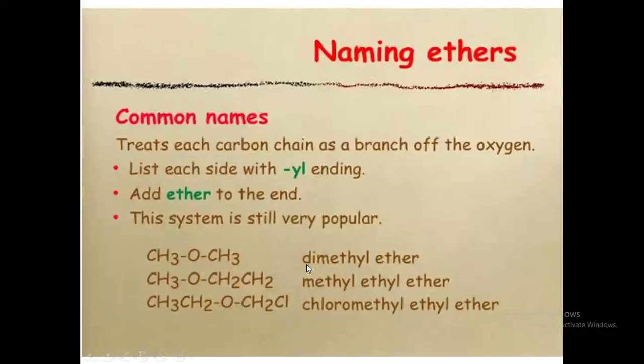So methyl and methyl is dimethyl ether. The same thing: this is a methyl group, this is an ethyl group. That's why it's ethyl methyl ether, the small one first, then the big one. If you look at this one again, this is an ethyl group and this is a chloromethyl group. So the chloromethyl is kind of smaller.